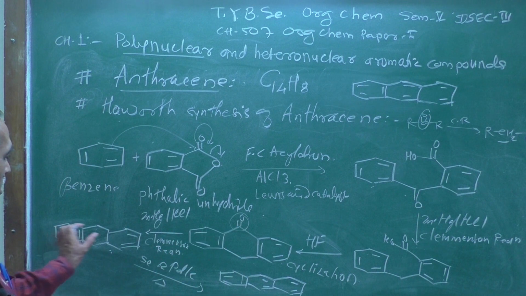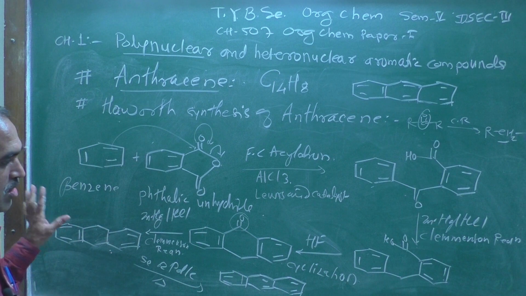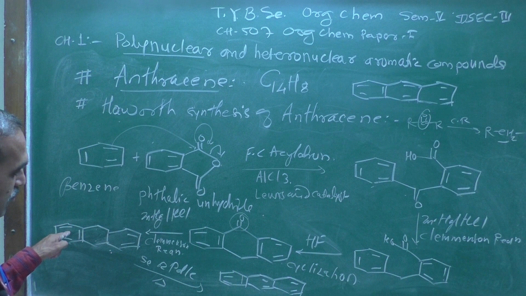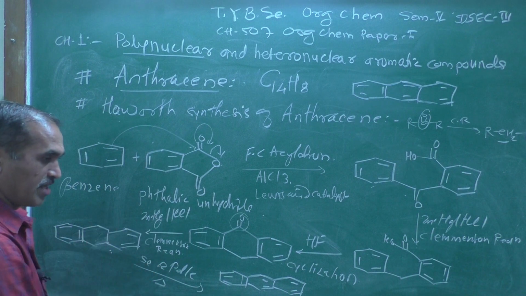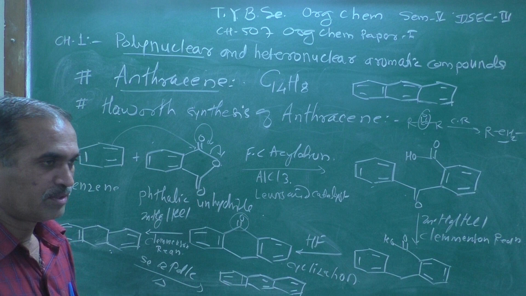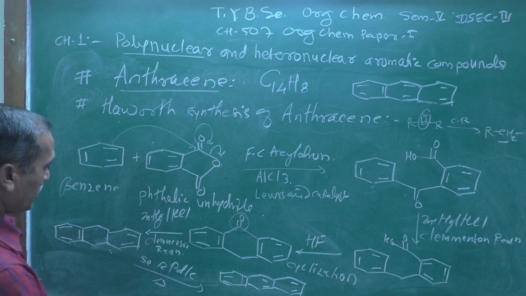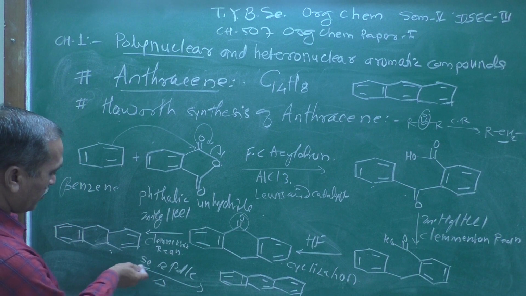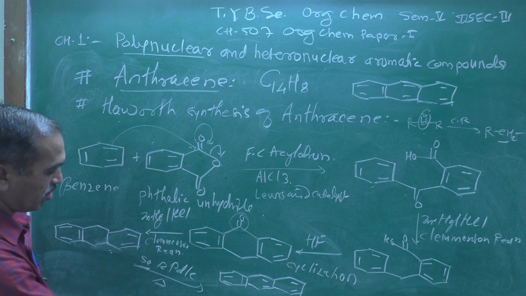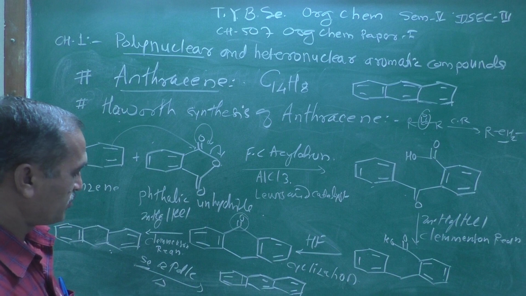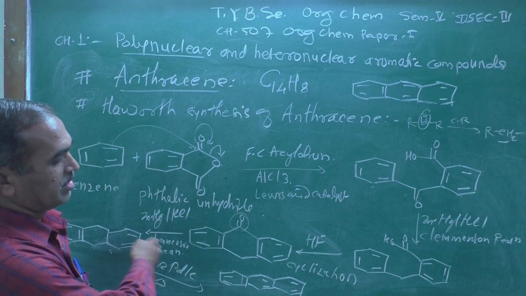Still, two rings are aromatic, the middle one is not aromatic, and therefore the aromatization is brought about by using the proper reagent, either selenium or palladium in the presence of charcoal with heating.